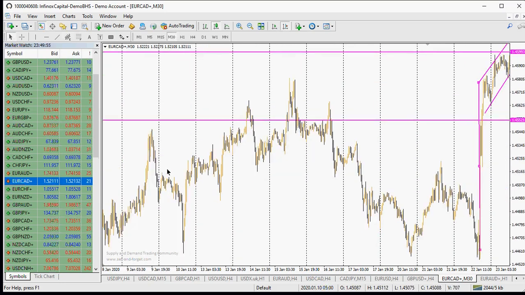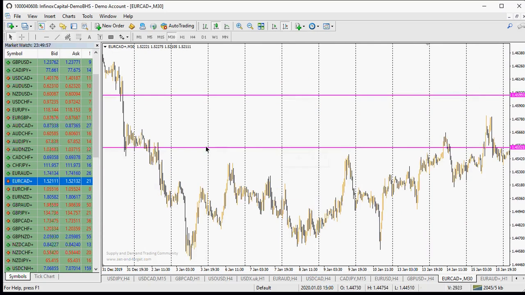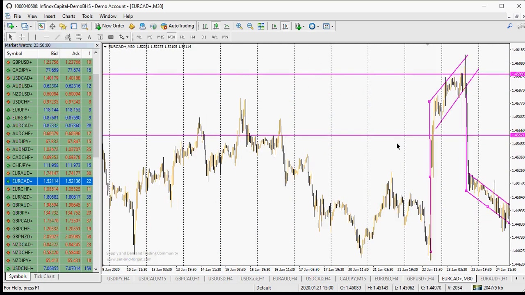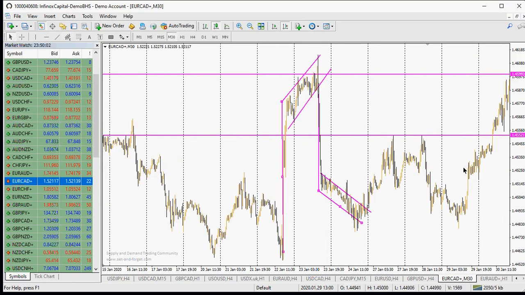If I look left, you see that there is a strong resistance around this place. Okay. And that was when the market came. And then when it came, what did it give us? Another pattern. It formed another pattern. What pattern is this?